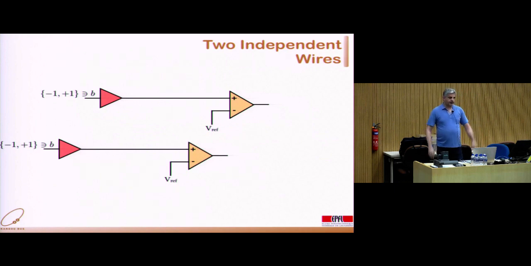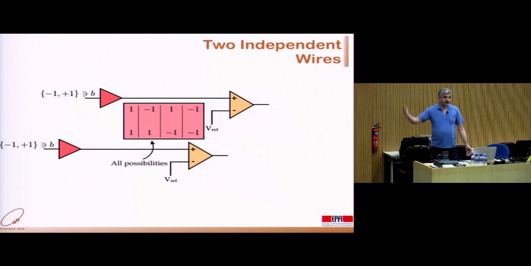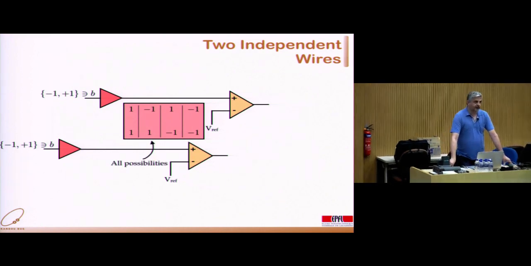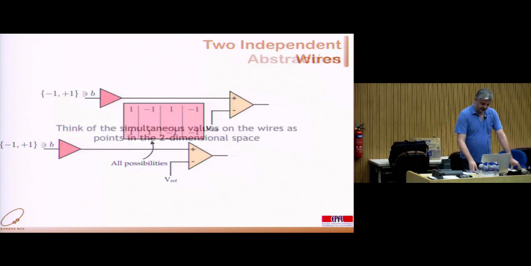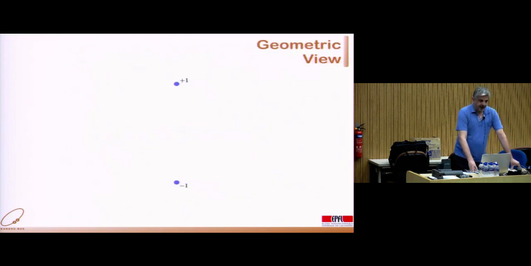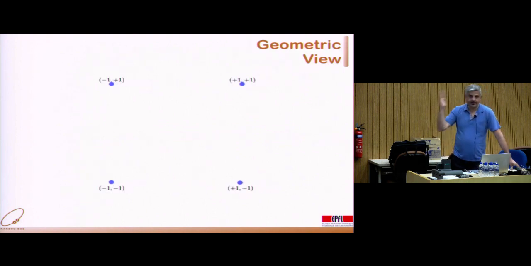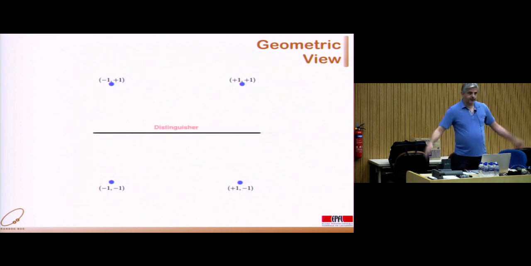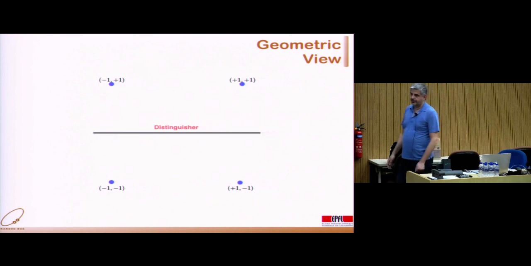If you have 2 independent wires running single-ended signaling, then of course the set of signals that you're sending is all 2-dimensional vectors with plus or minus 1 as components. So we think of them as points in a two-dimensional space, and we think of the comparators as hyperplanes in this space. If you look at one comparator, it's just a line through 0. It's a distinguisher.